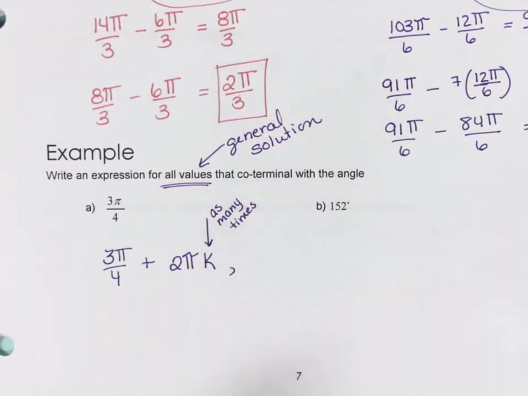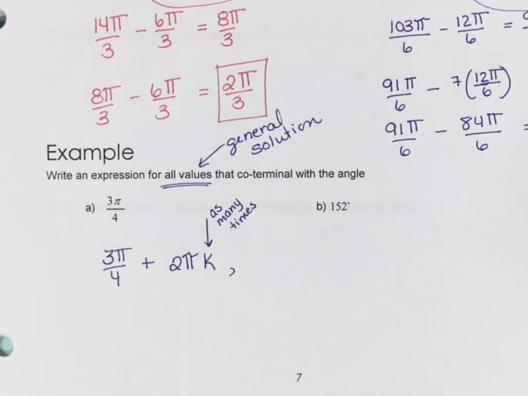Okay, and then we have to define k. What kind of number is k? It is, but it's a special type of number. Can k be a decimal? No, because what do I have to pull out? I have to pull out full rotations, right? It has to be a whole number. And what if it was negative?